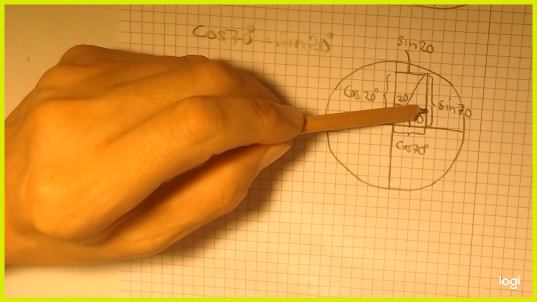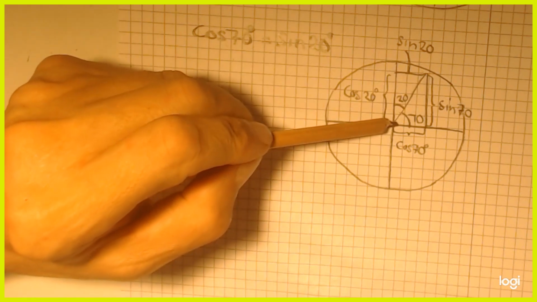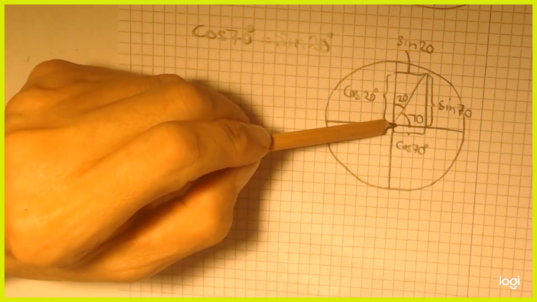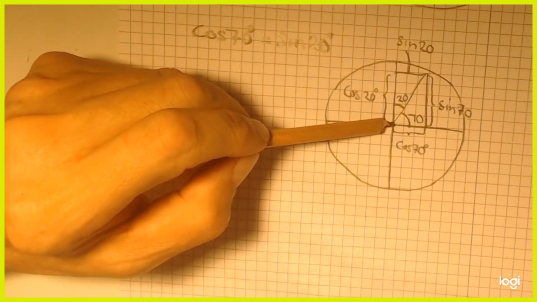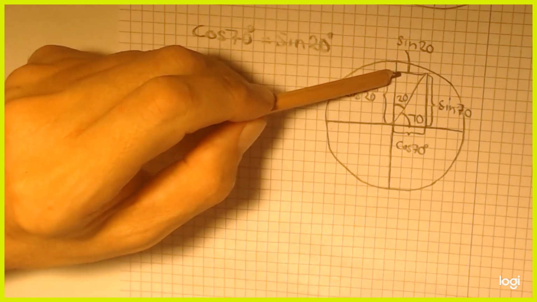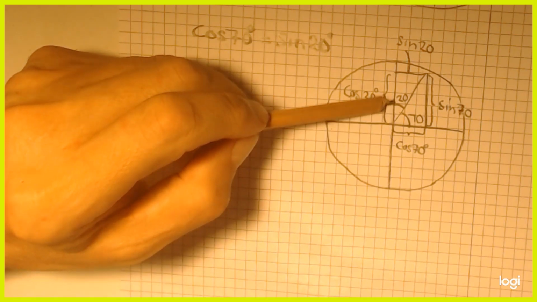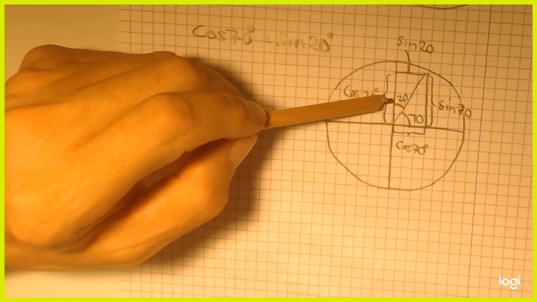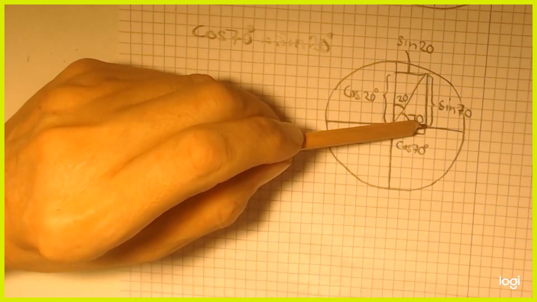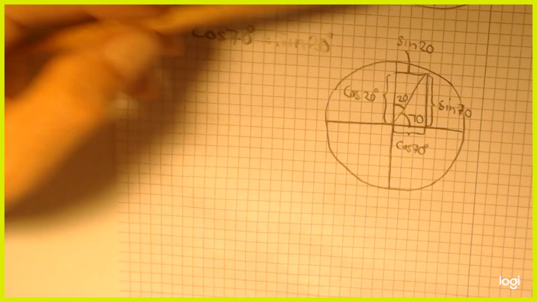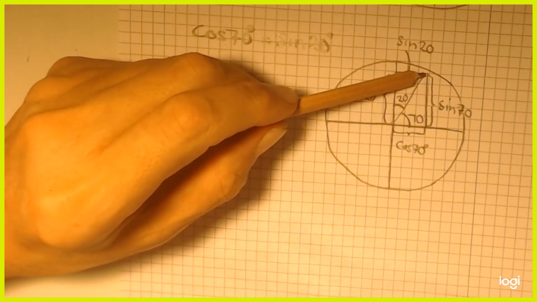This is sinus 70, and this is cosinus 70, all by definition. And here you have 20 degrees, and the opposite side is there, that's sinus 20. And the adjacent side is cosinus 20. So this side here is equal to that side, and this side equals that side. So cosinus 70, it is this side here, it equals sinus 20.